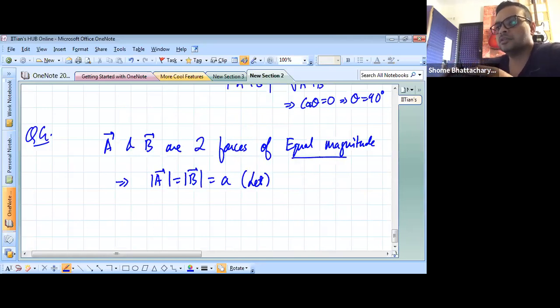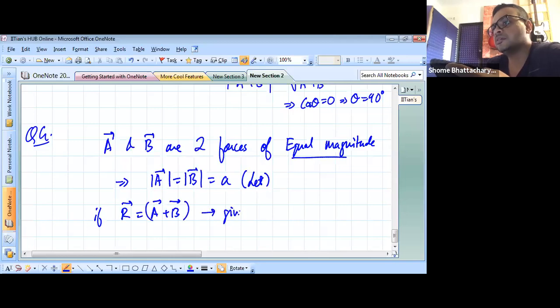And it is also given that the square of the resultant's magnitude is, if R is the resultant of A and B, equal to 3 times their magnitudes' product. So that means it is 3 times a square.